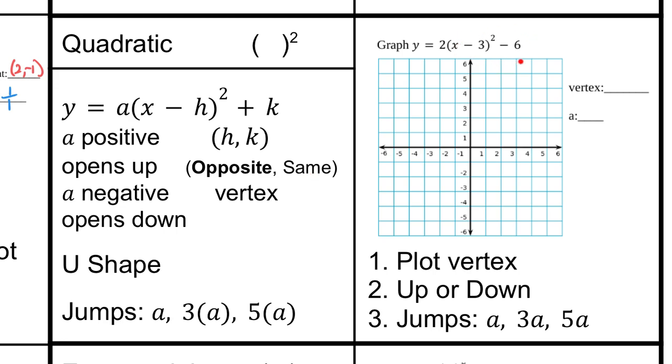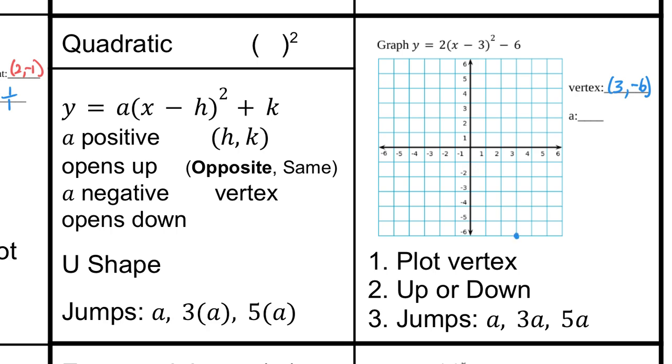Looking at our value right here, we can see that our vertex should be, if I have a -3 in my equation, I'm going to have a +3 for the x spot, and if I have a -3 on the outside, it's going to stay -3 for the y spot. Let's plot that point. x is 3, y is -6, so that's down here.